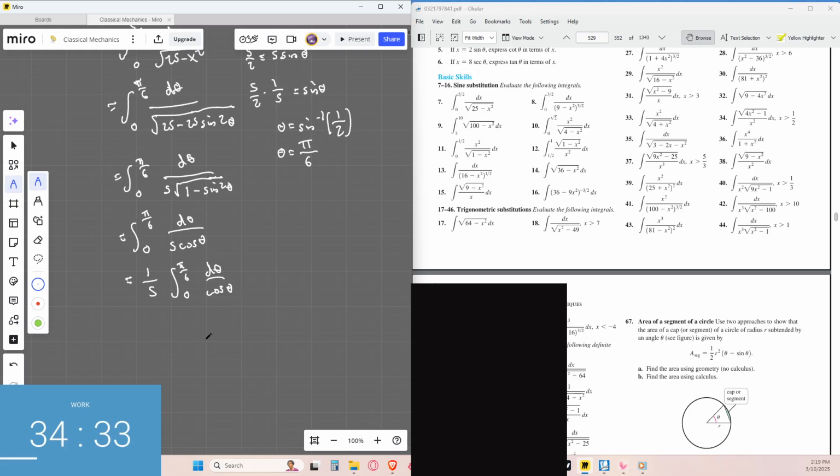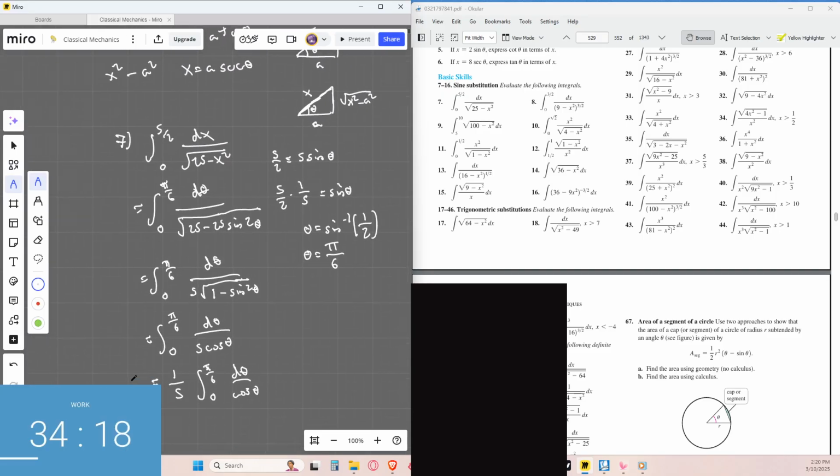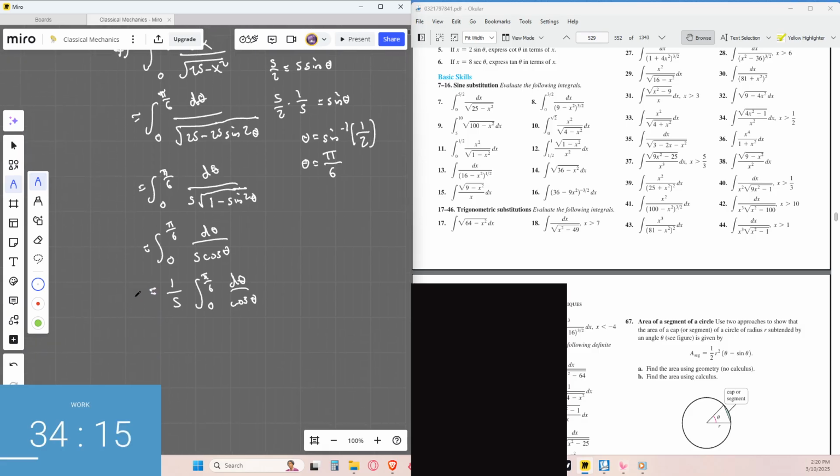So we can turn it into secant, but at the same time, I sometimes don't remember that derivative from the top of my head. I mean that integral from my head.